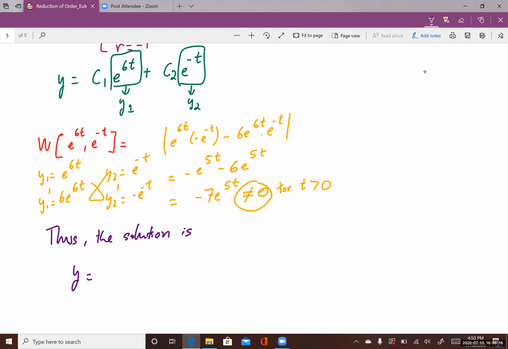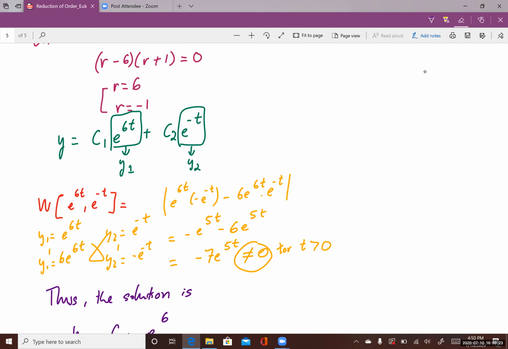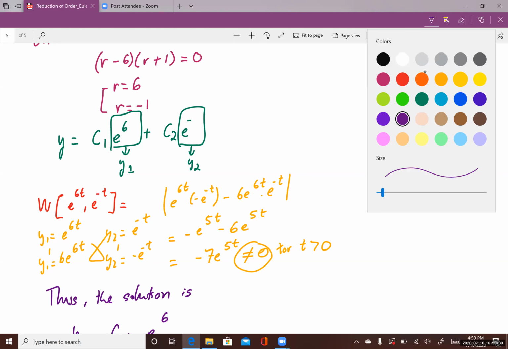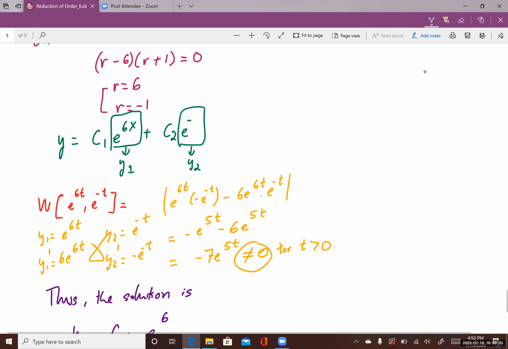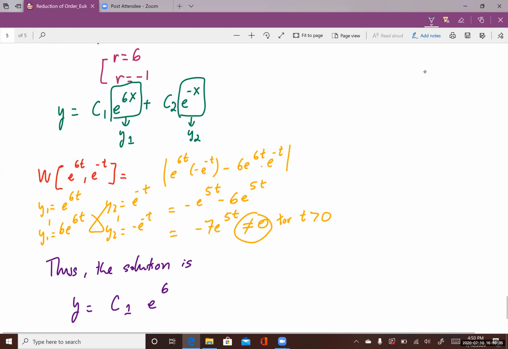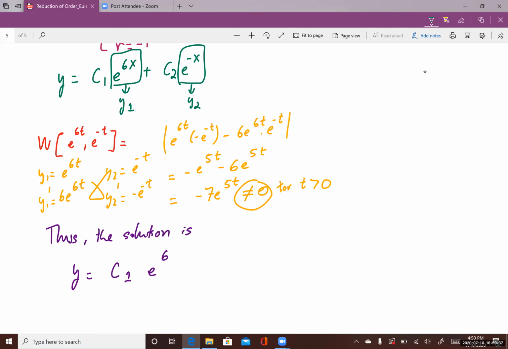y equals c1 e to the 6x. Remember, we're solving the equation in terms of x. So instead of x, you have ln t, plus c2 e to the negative, instead of x, you have ln t.